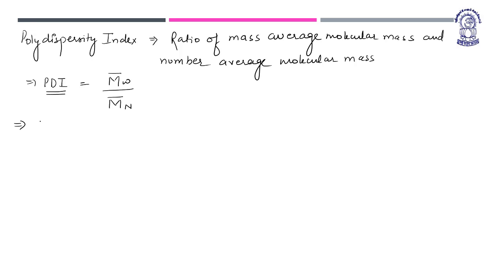Based on the polydispersity index, we have monodispersed polymers, for which the mass average molecular mass and number average molecular mass remain the same, if the PDI is 1.